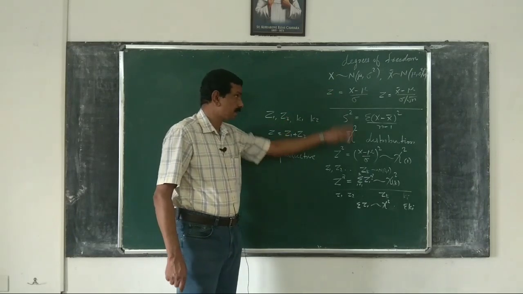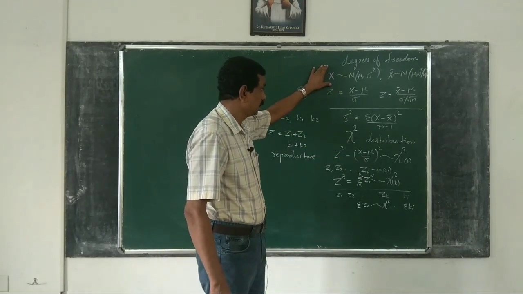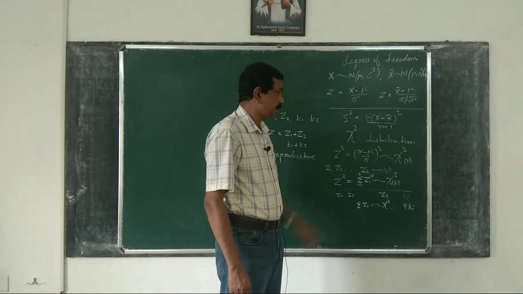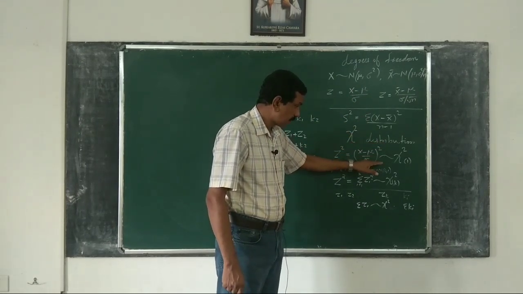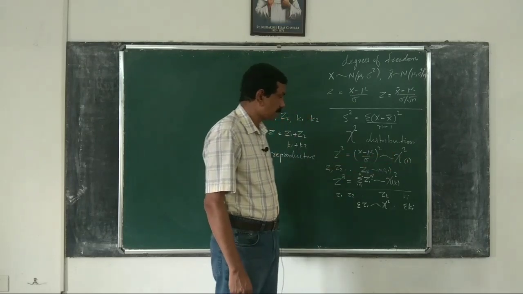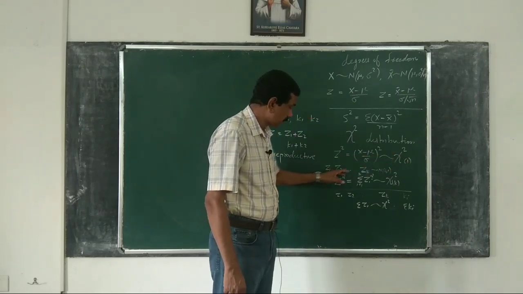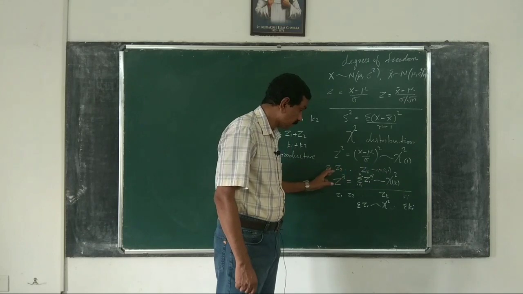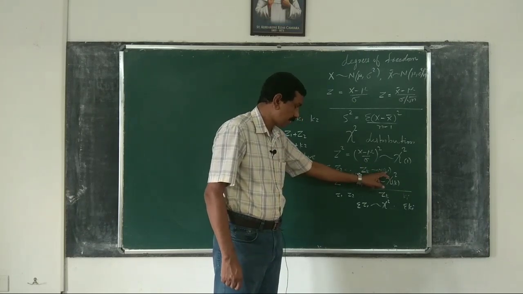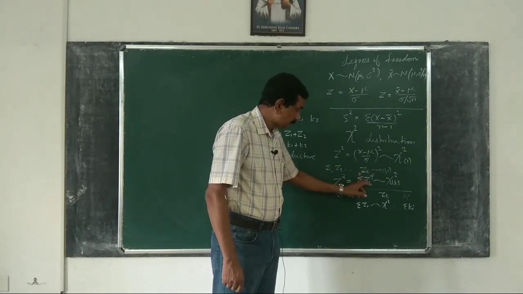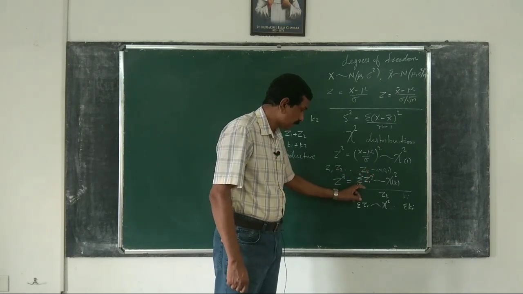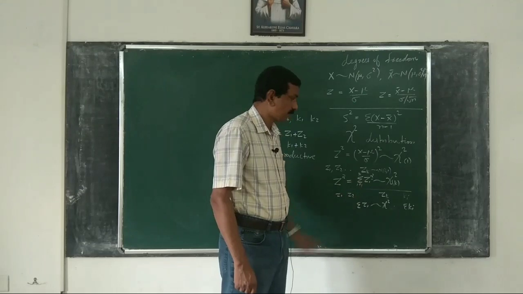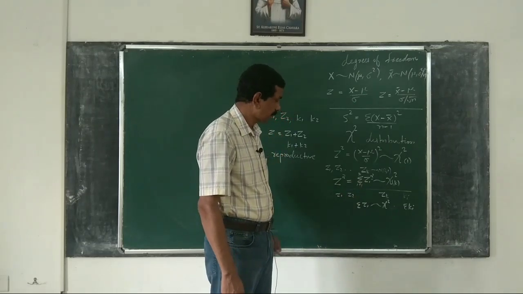So to summarize, if x is normal, Z is standard normal, and Z square is distributed as chi-square with 1 degree of freedom. If Z1, Z2, etc. Zk each follow the standard normal distribution, then the sum of squares sigma Zi square follows chi-square with k degrees of freedom.